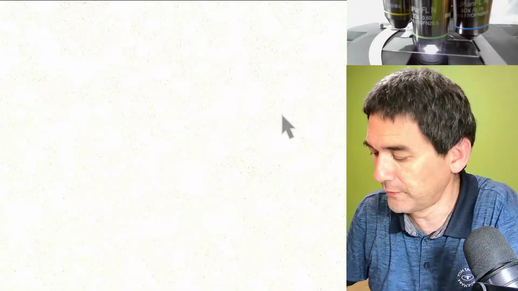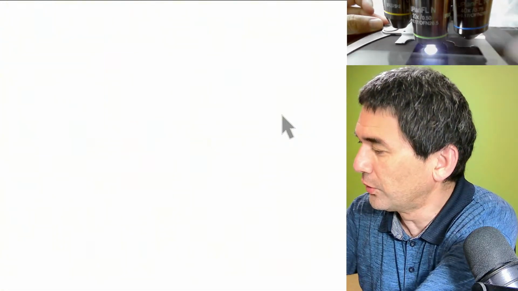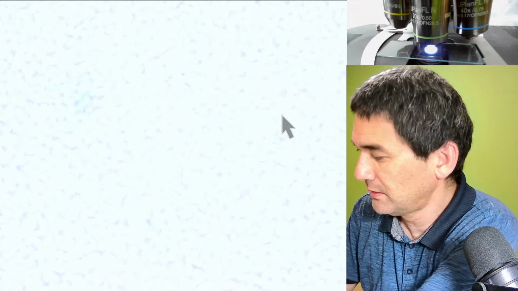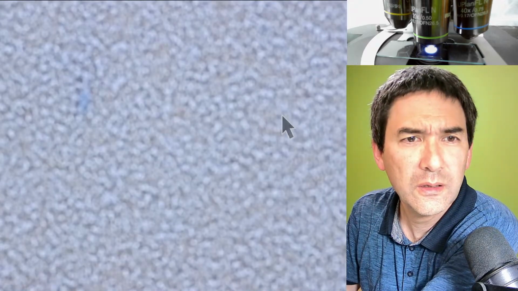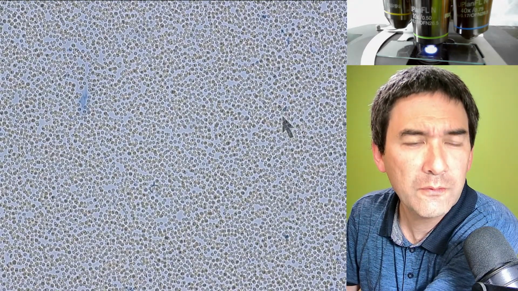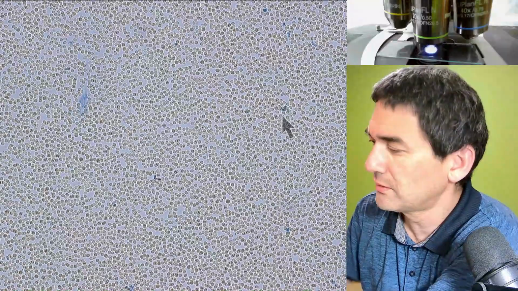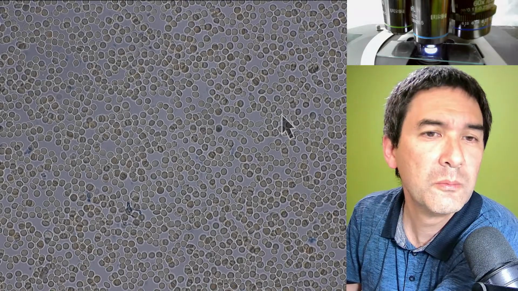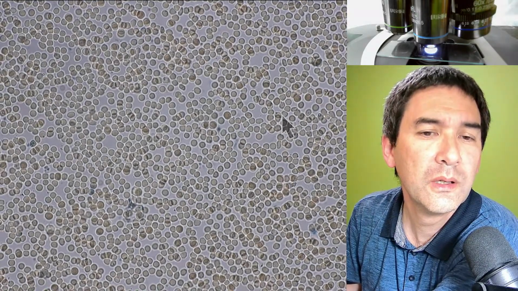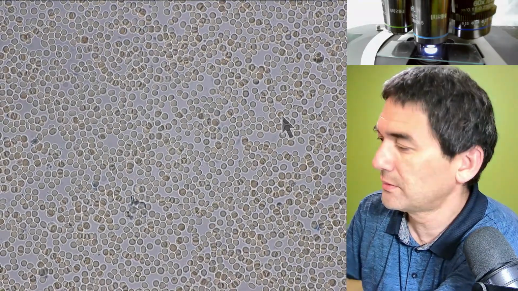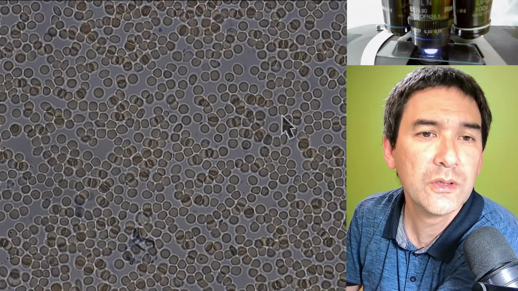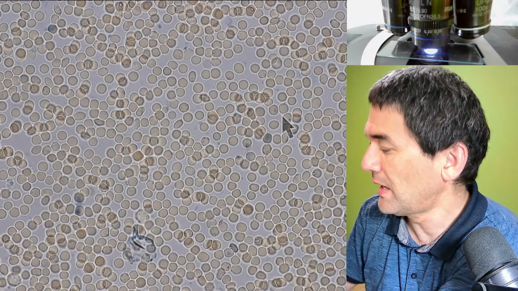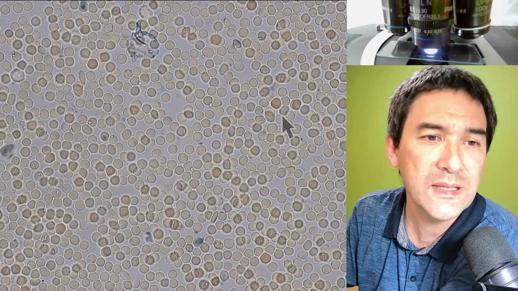And scope view again. Let's remove the old slide, in goes the new slide. And focus. Higher magnification. Here we actually see that because I added more liquid, they do not stack up anymore.